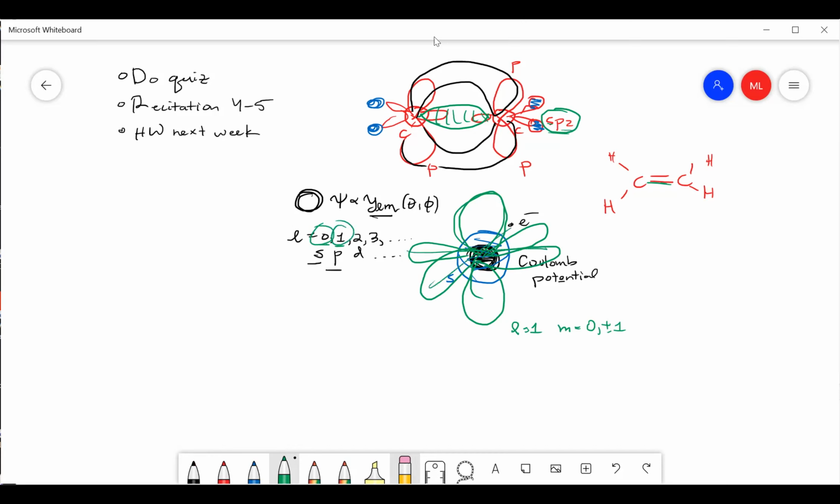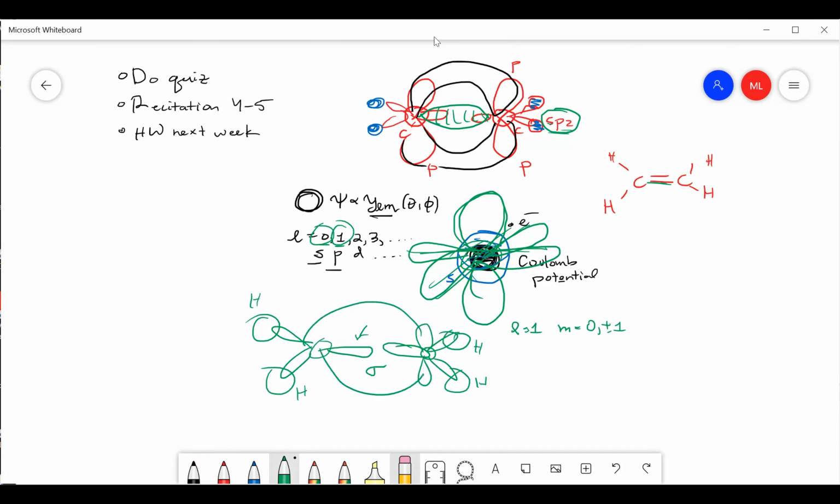These two p orbitals combine with the s to form a kind of triply shaped orbital, and that's responsible for connecting up with the s orbitals of the hydrogen out here, and this guy right here helps form the sigma bond with the other carbon center. And then, of course, the leftover p orbital helps form the double bond.